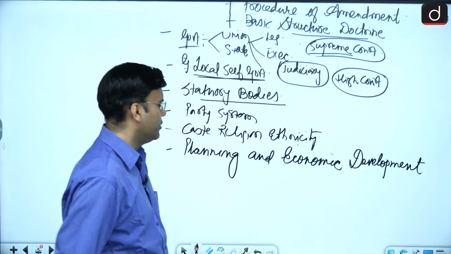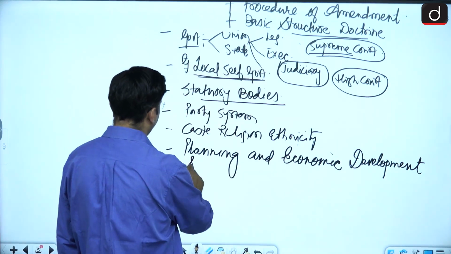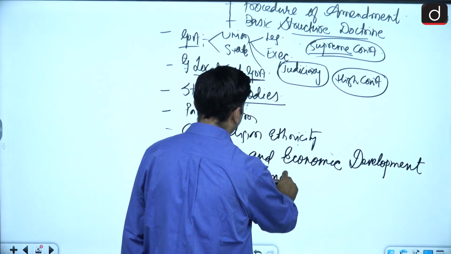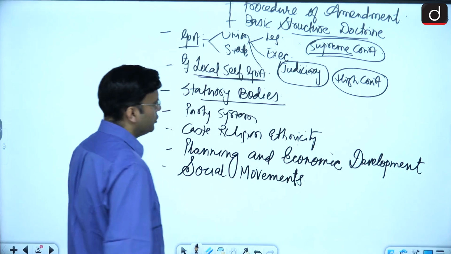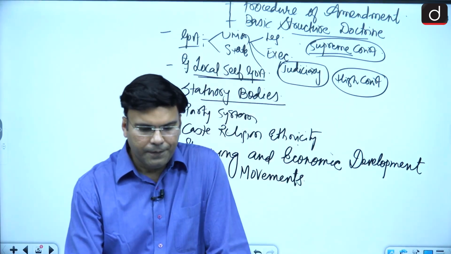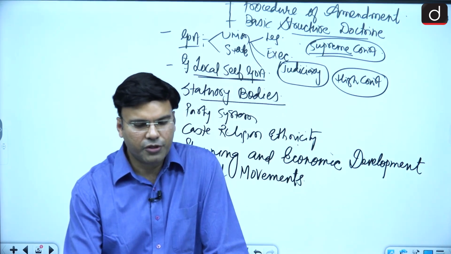So all of this, and then there is a chapter that is dedicated to social movements. So these are the themes that one comes across while reading the first paper. So this is like the end of the first paper.